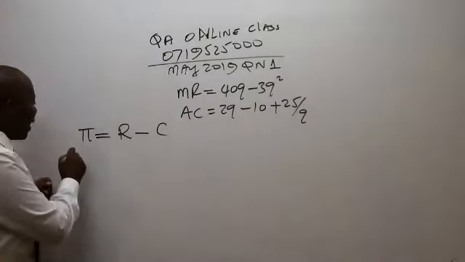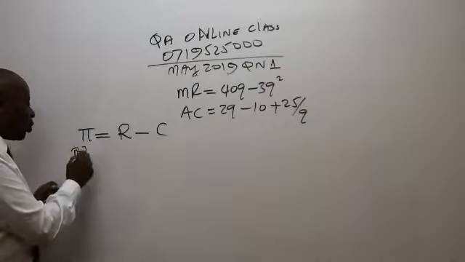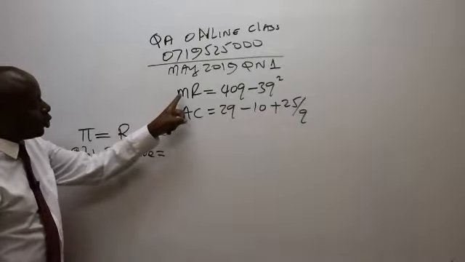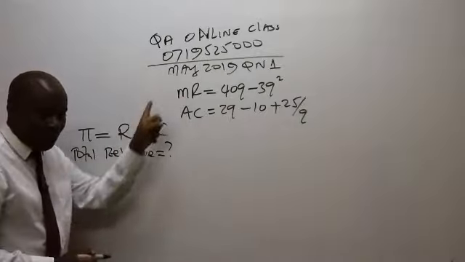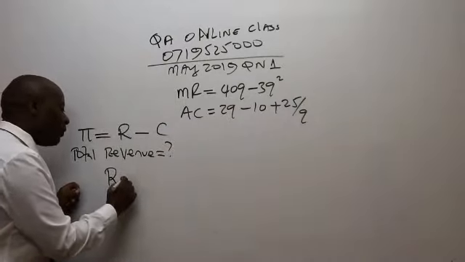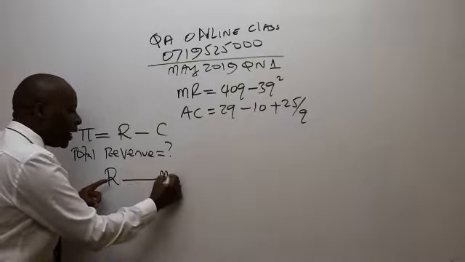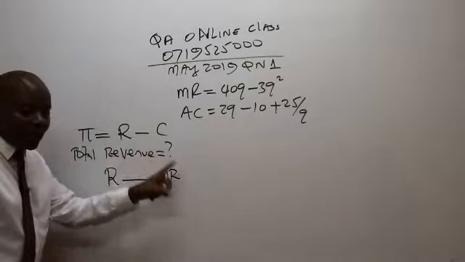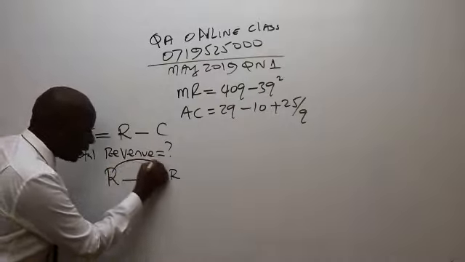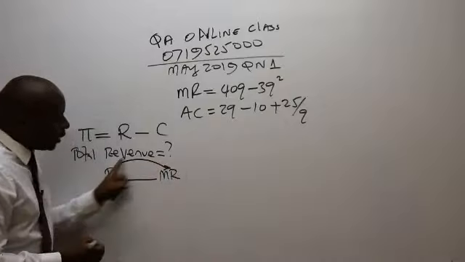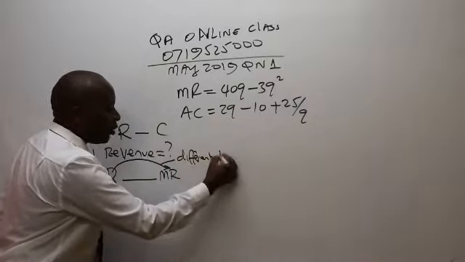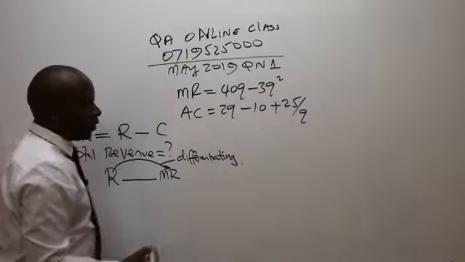So I want us to get the total revenue. From where are we going to get this total revenue? Ladies and gentlemen, we are going to get total revenue from the marginal revenue. They have given us the marginal revenue. Remember, whenever you are given total revenue and somebody wants you to get marginal revenue, this way we always differentiate.